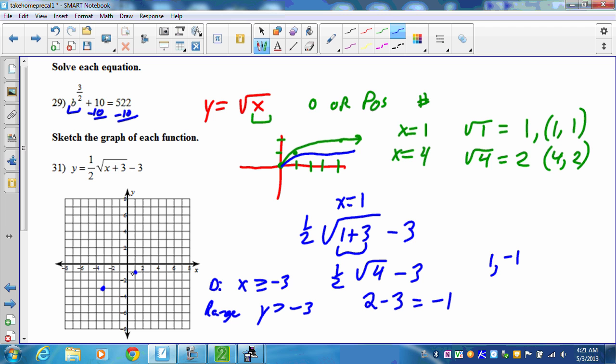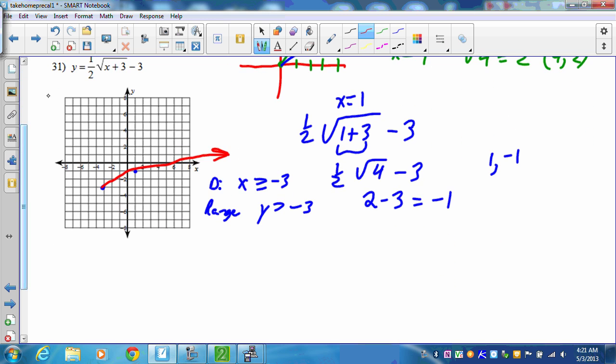We could do the same and pick 6 for x. But we're really just going to sketch the graph. So we know that the general shape is going to look like this. And it's eventually going to cross the x-axis, and do something like that. So anyway, that's generally the idea on that one. So let's go on to the next problem.